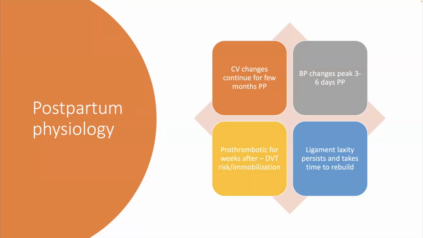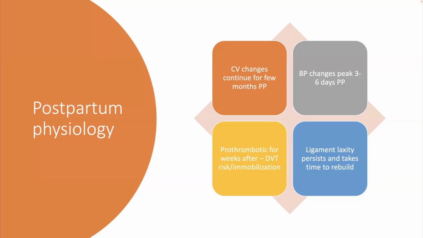So anytime you see a woman early postpartum for any type of injury, be mindful of that. If they're coming in for an ankle injury and you're thinking maybe you should put them in a boot, that's something to reconsider, or consider putting them on some type of low-dose anticoagulation like aspirin, because their DVT risk is much higher. Of course, ligament laxity can persist.